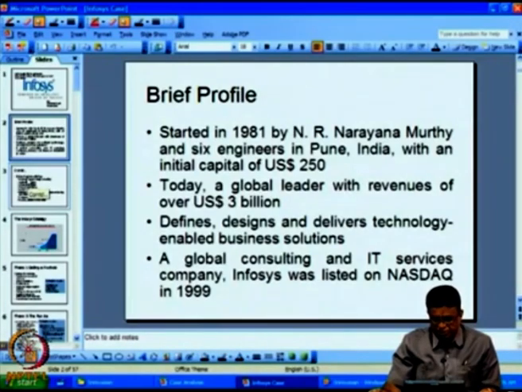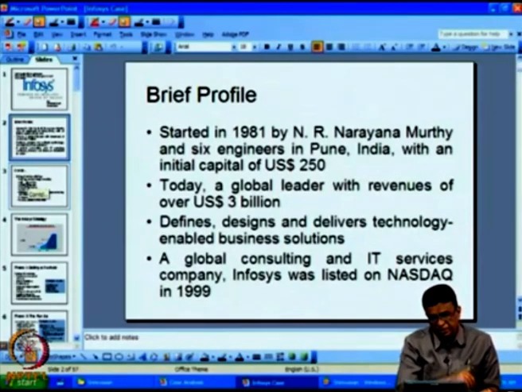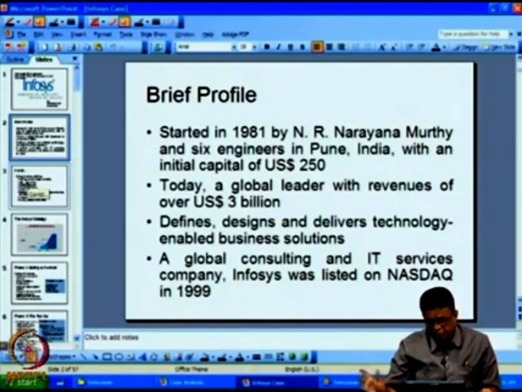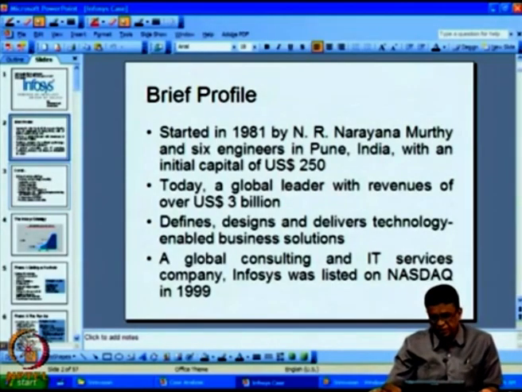Today, a global leader with revenues of over US dollars 3 billion. This was in 2009. Now the company is even above 4 billion as I understand. It defines, designs and delivers technology enabled business solutions. A global consulting and IT services company, Infosys was listed on NASDAQ in 1999. This is the first Indian company to be listed in NASDAQ.